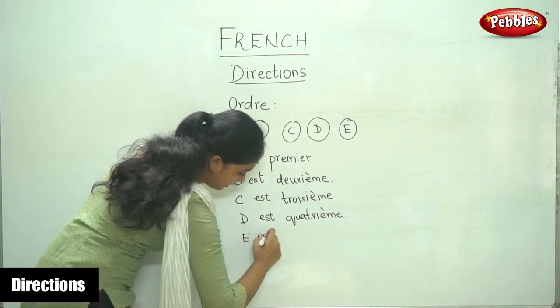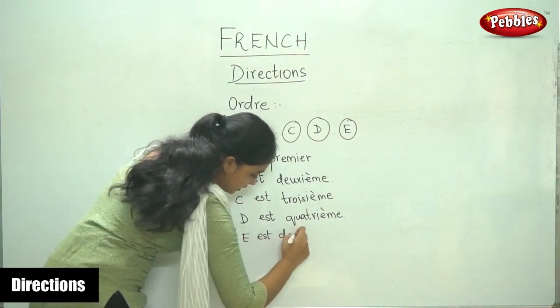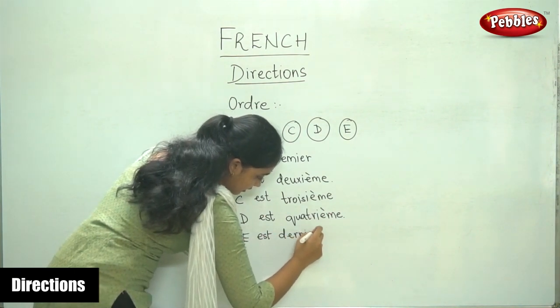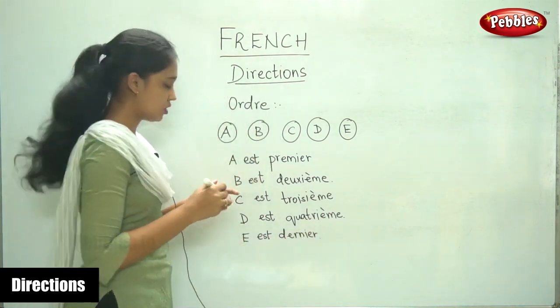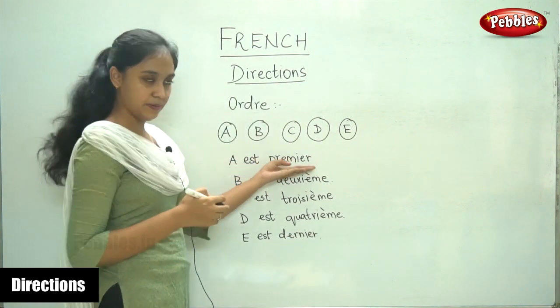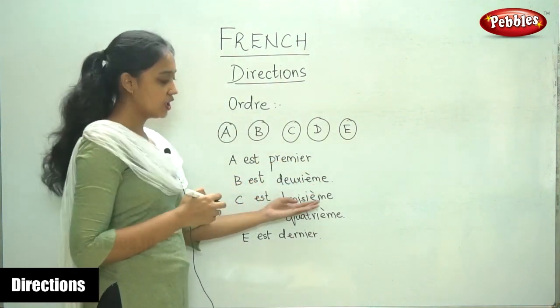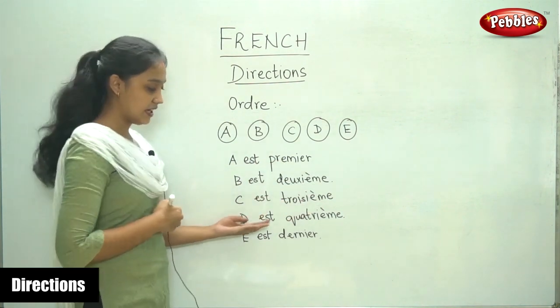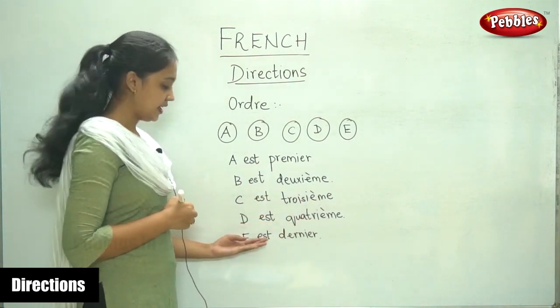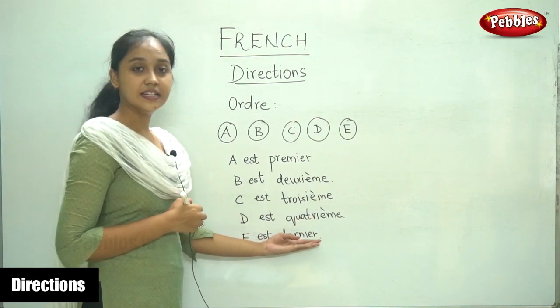And finally, you can either say E is fifth or E is last. So E est dernier. So A est premier, B est deuxième, C est troisième, D est quatrième, E est dernier.